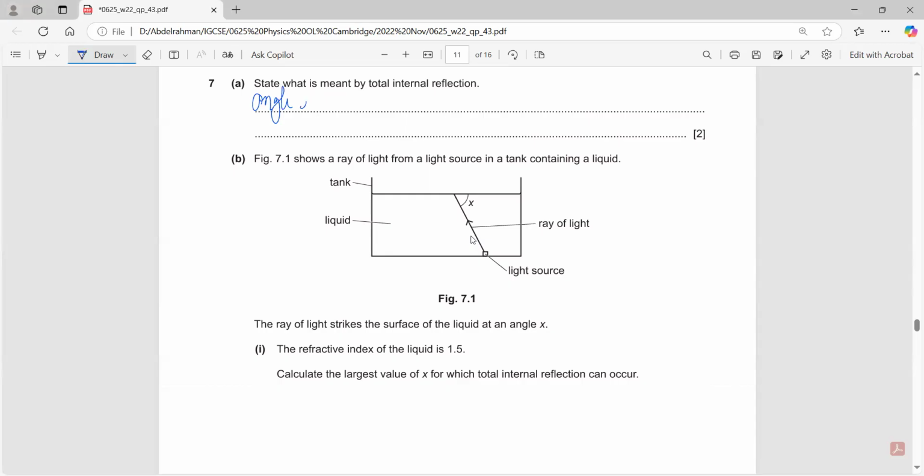Angle of incidence from the more dense medium is greater than the critical angle.